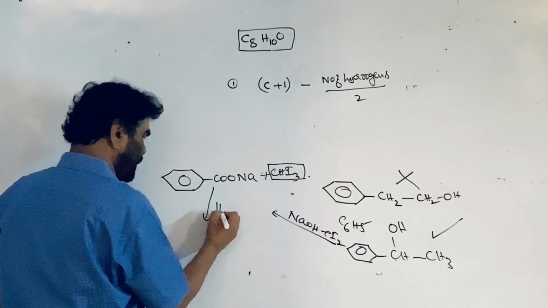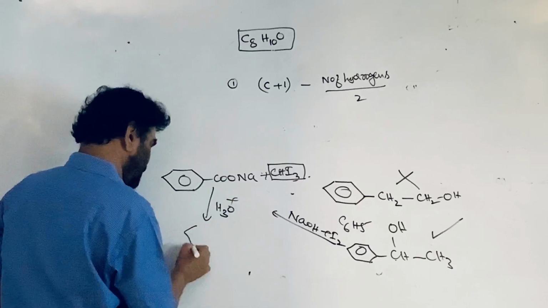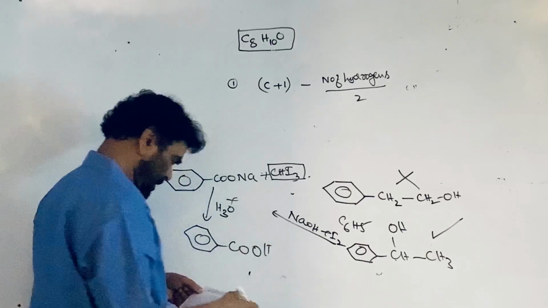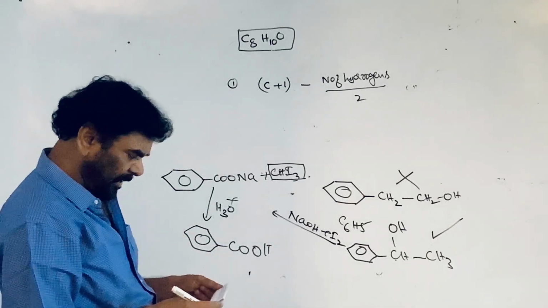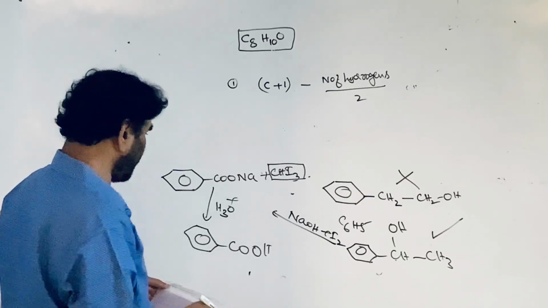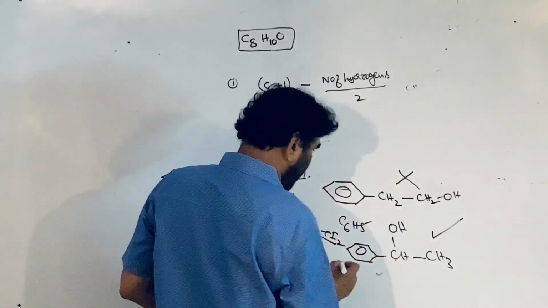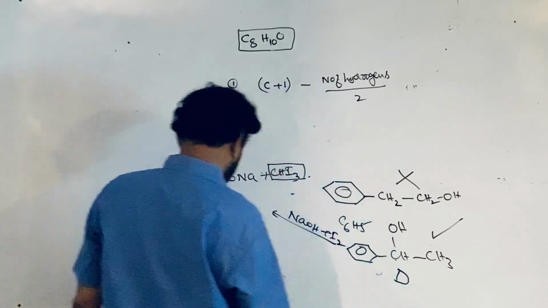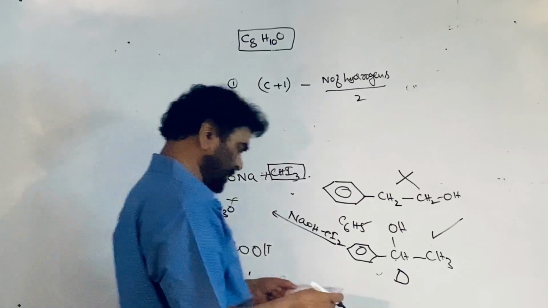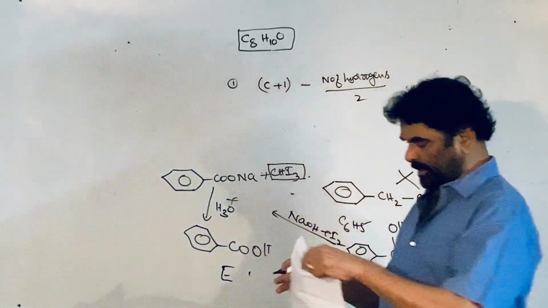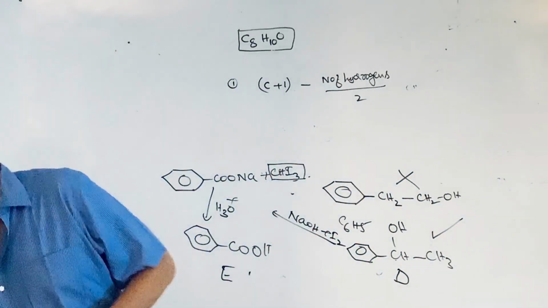The filtrate on acidification gives the benzoic acid, a white solid. Write the structures of D and E: your original compound is this D, and this is benzoic acid, based on that logic.